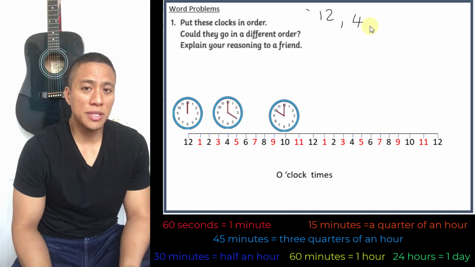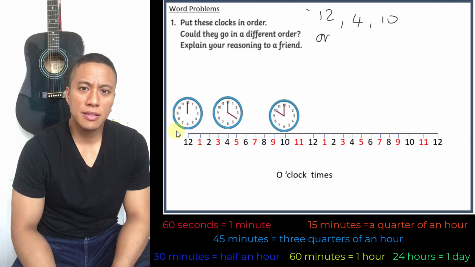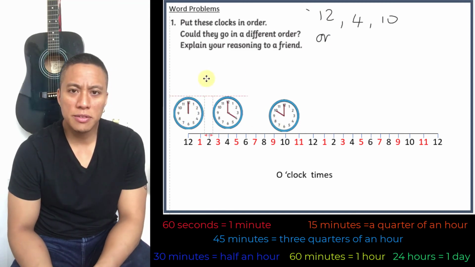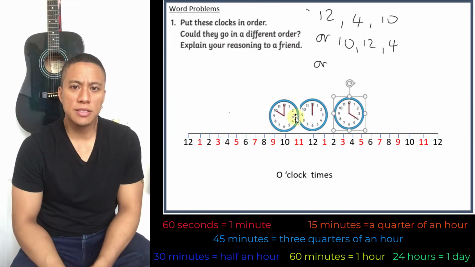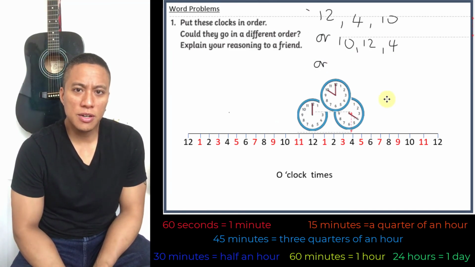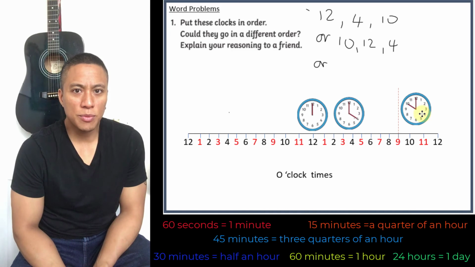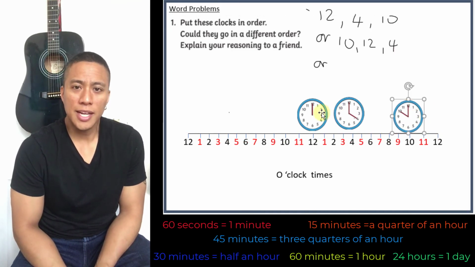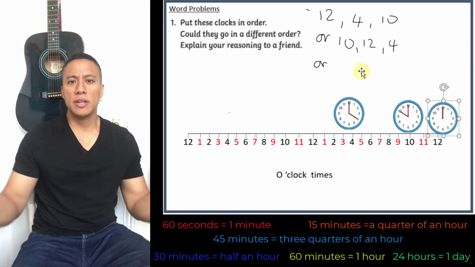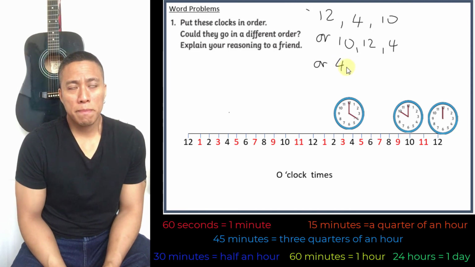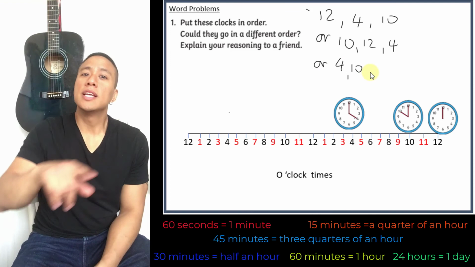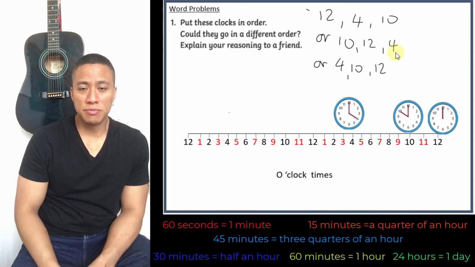So well done if you've done that one. But have a look here as well. We can have a 10, then 12, and then 4. Or you can even have this. 4 o'clock to start off with, followed by 10, and then 12. Now, the reason why we can have it in those orders is because it just keeps on continuing round and round.